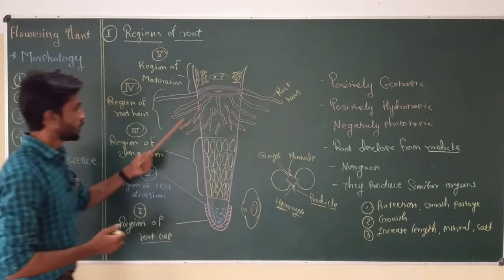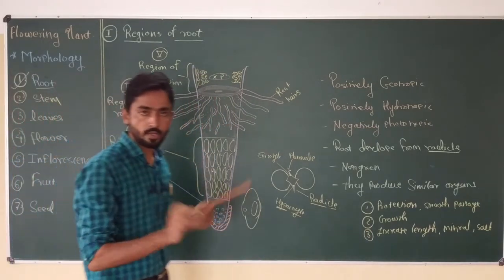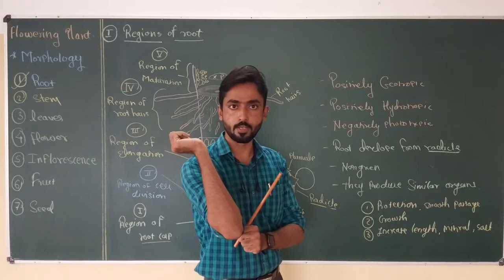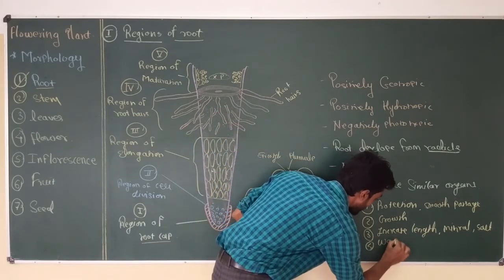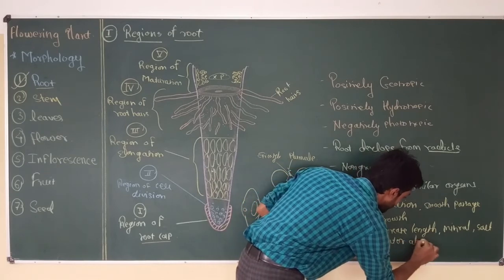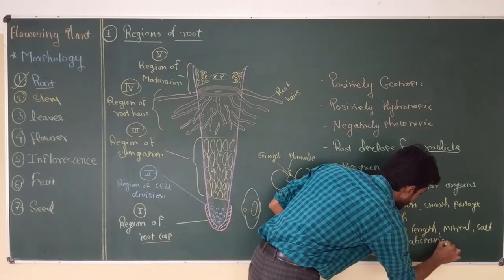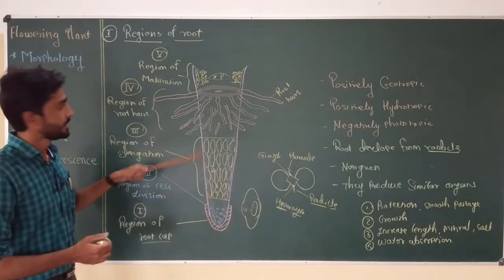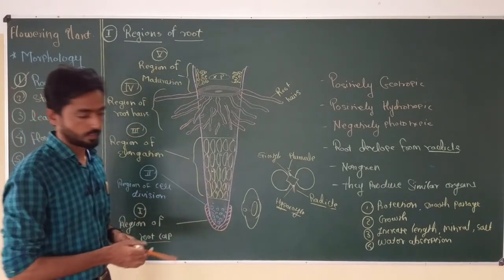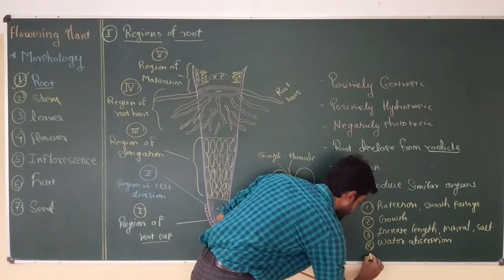The next region is the root hair region, and the one and only important function of the root hair region is water absorption. The last part of the root is the region of maturation, which plays 2 important roles.